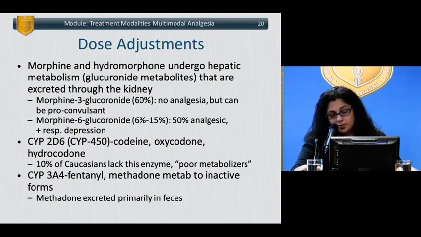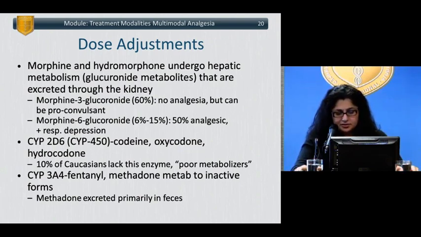In patients who are poor metabolizers, the medication is not being metabolized into its active metabolite, so there will be no response or a poor response. On the other hand, there are ultra metabolizers, who will metabolize codeine excessively, and that can result in an exaggerated response to the opioid.